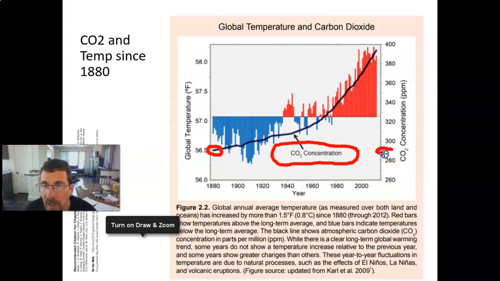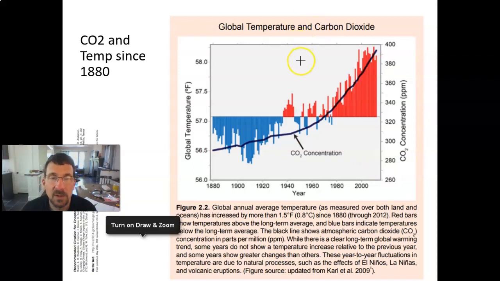Roughly 290 parts per million of carbon dioxide in the year 1880 to up around 395 here around the year 2010 or so. Okay, so carbon dioxide levels have risen dramatically since the beginnings of the Industrial Revolution.